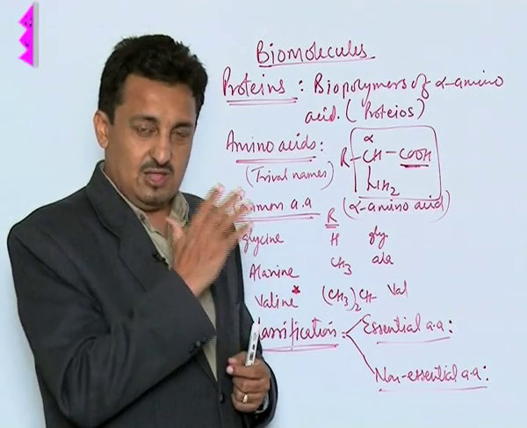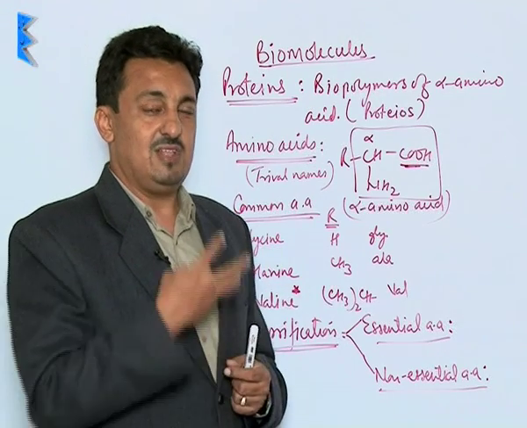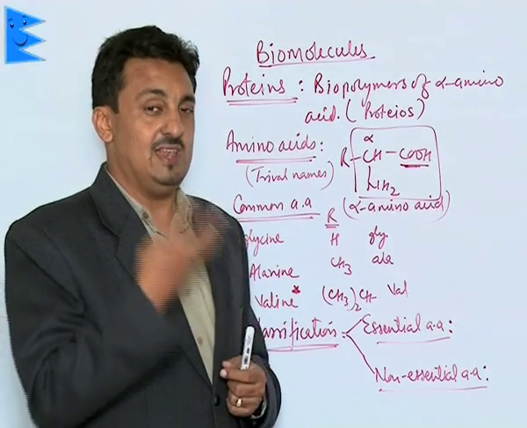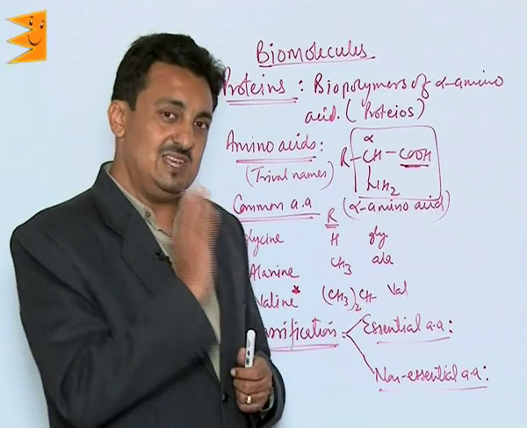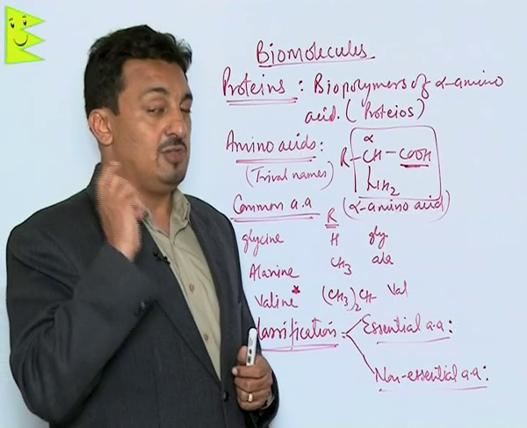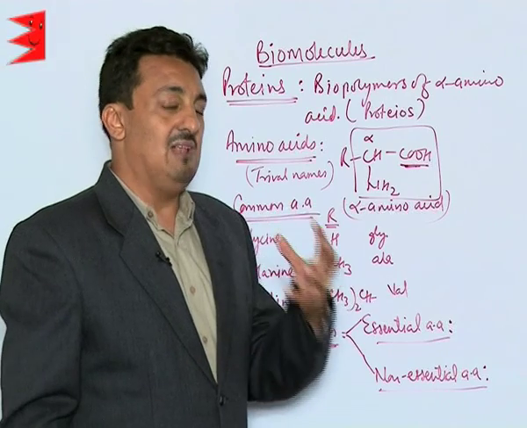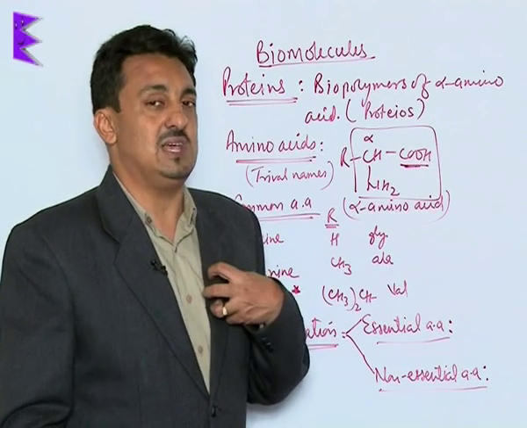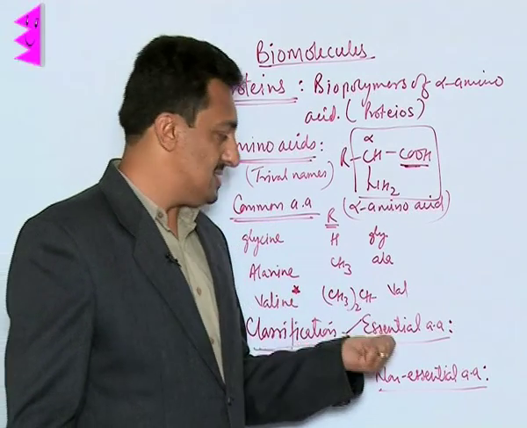Those out of these 16 which are taken in our diet, and are very much required to be taken in our diet, are called essential amino acids. Now out of those 16, 6 are beta, which are not in the syllabus, so I'm talking about only the left out 10 alpha amino acids. Those 10 alpha amino acids which are not synthesized in our body and are to be taken in our diets regularly are called essential amino acids.